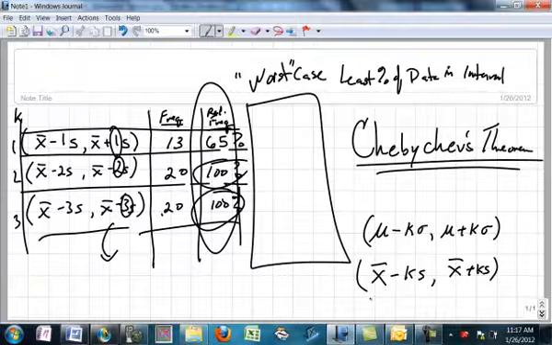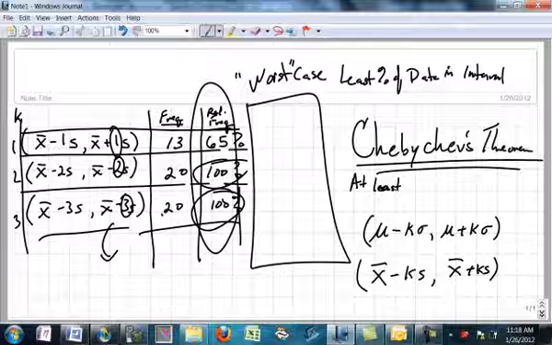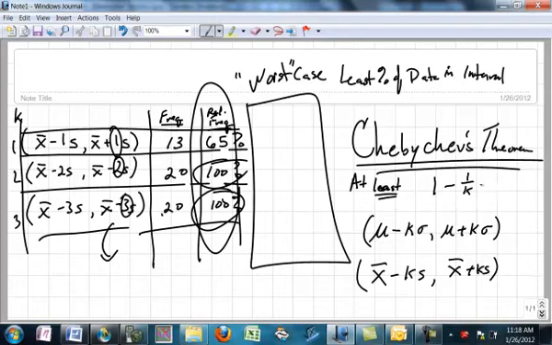And what we're going to find is that at least 1 minus 1 over k squared, that fraction of the data is in this interval. So let's work this out.